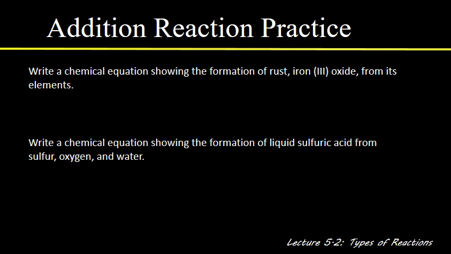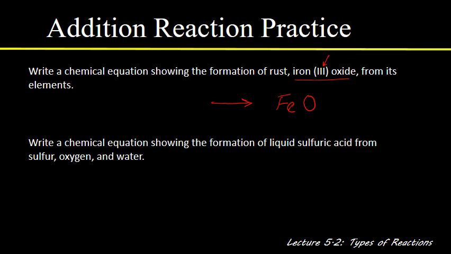Okay, the first one is forming rust, so I'm going to use red for this one. Talking about the formation of rust, which it tells us is iron 3 oxide. Remember that what this 3 means is that the oxidation number, or the charge on the iron, is +3, and the charge on oxygen for an oxide is -2.